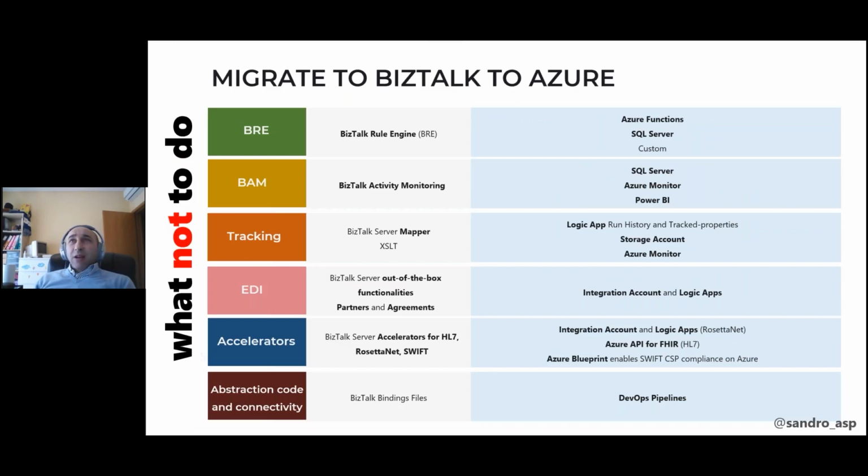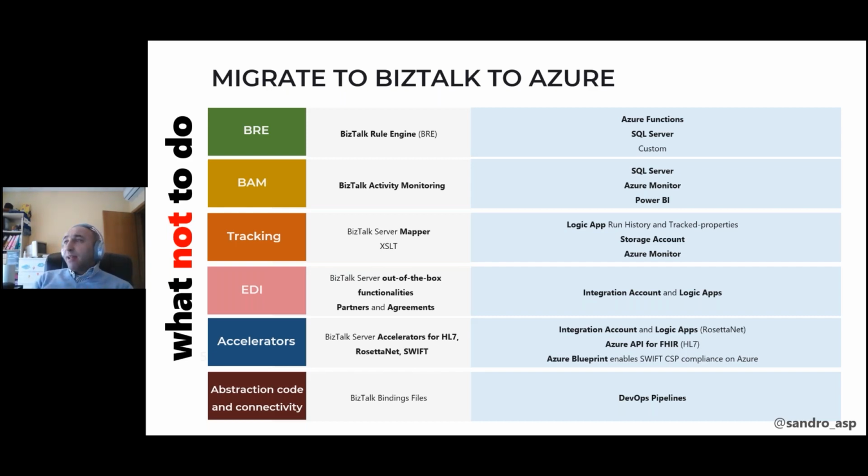Well, we don't have a concept of business rules yet in Azure, but we can emulate this kind of service with Azure Functions, SQL, custom code. BAM: yes, we can use Log Analytics. You still don't have the same, but we can create some custom SQL, Power BI, so we can try to emulate different kinds of services on Azure.